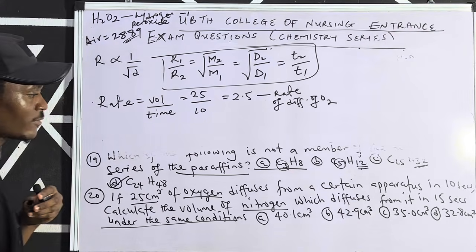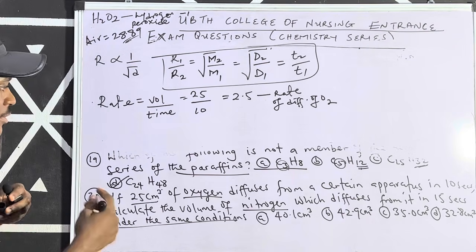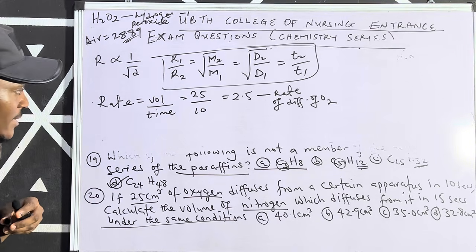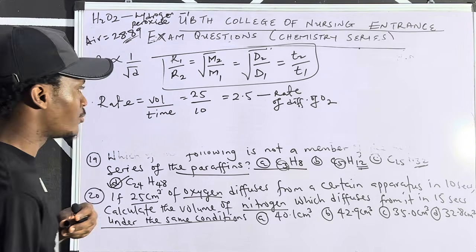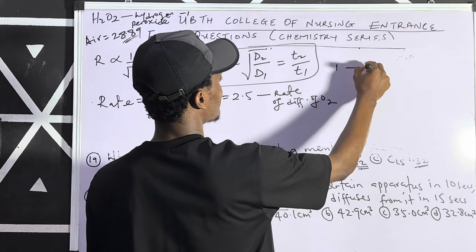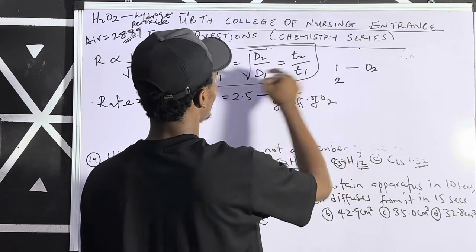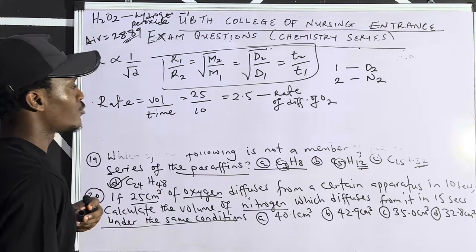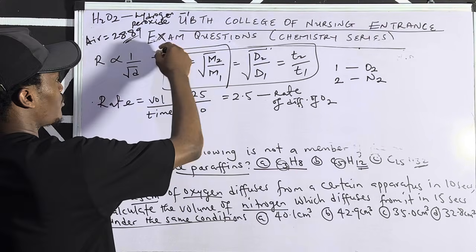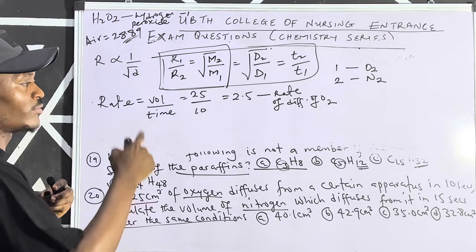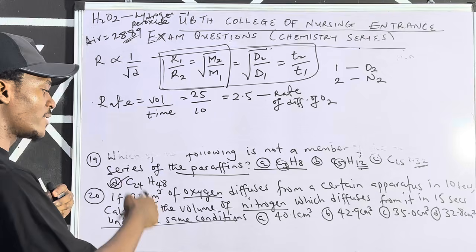Do we know the rate of diffusion of nitrogen? Not yet. We are told to calculate the volume, and we are given the time. So what do we do? Let's say 1 represents O2 and 2 represents N2. Let's get the rate of diffusion of nitrogen before we can get the volume.